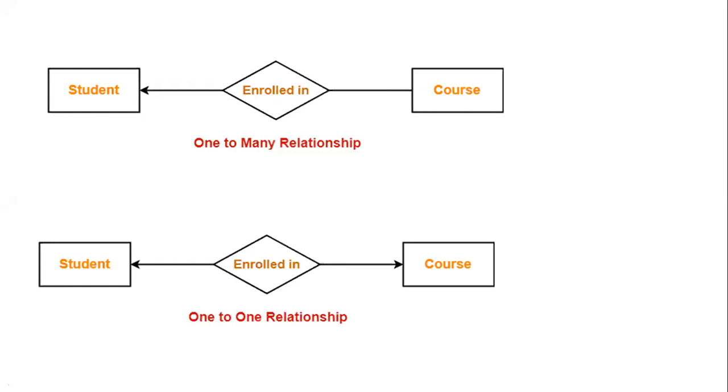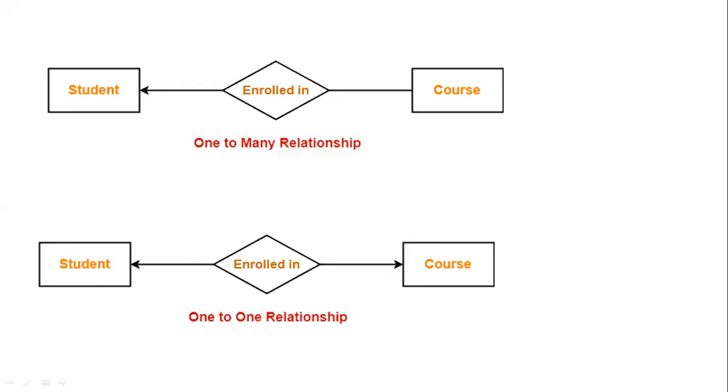This is the one to one relationship. That means only one course is represented and one student from the student entity enrolls in that particular course only. So an arrow is maintained on both sides, and a one to one relationship exists.